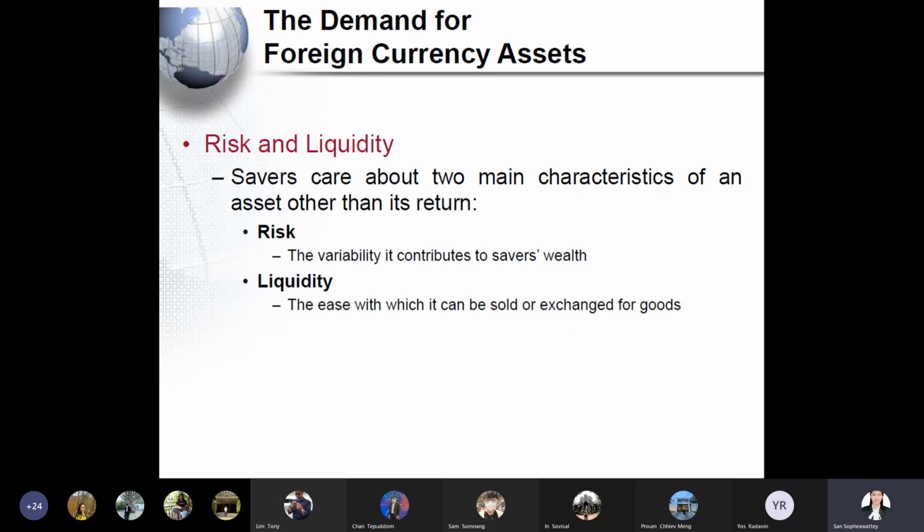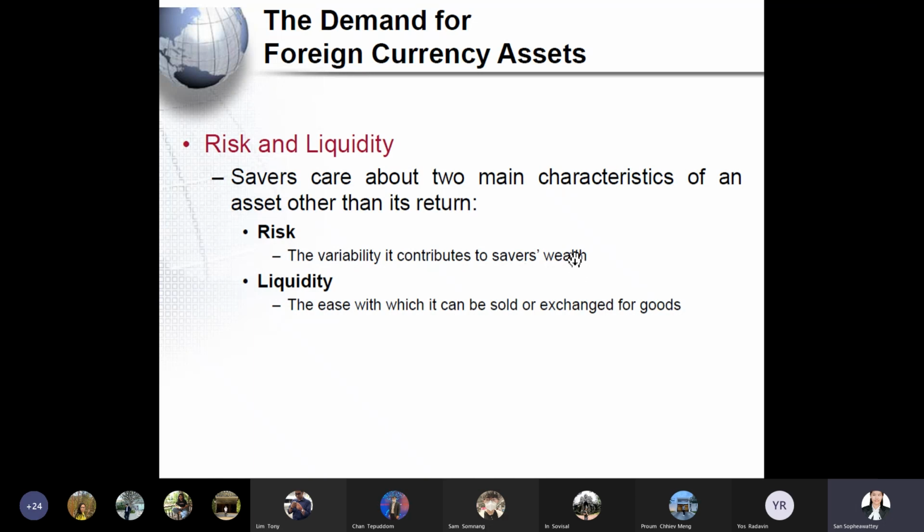We always say high risk, high returns, right? We don't like uncertainty, and sometimes we are reluctant to hold assets that make our wealth highly variable. So an asset with a high expected rate of return may appear undesirable to a saver if the rate of return fluctuates widely. So risk, meaning variability, contributes to saver wealth.